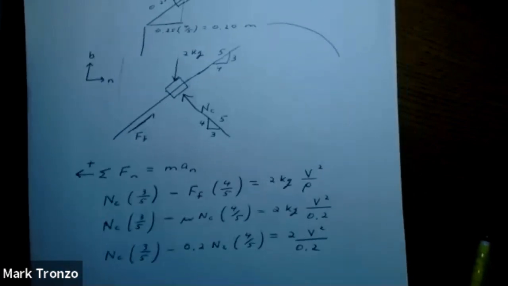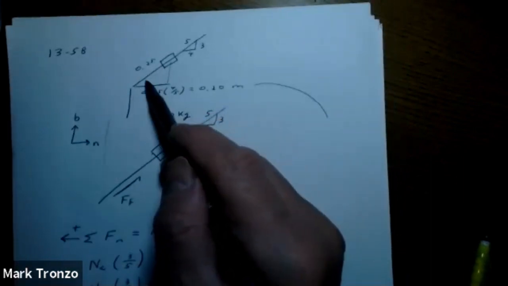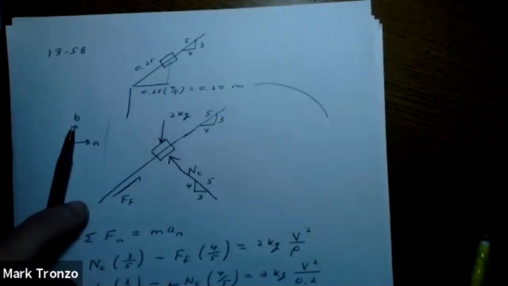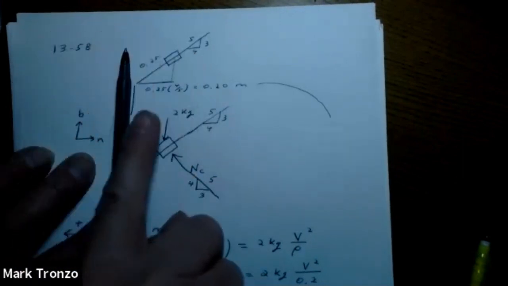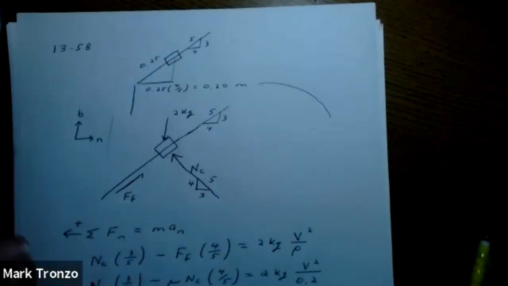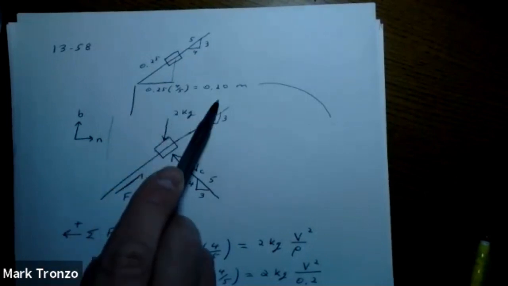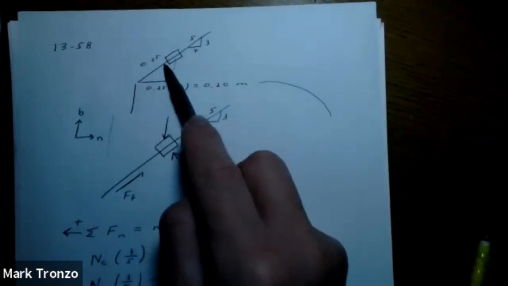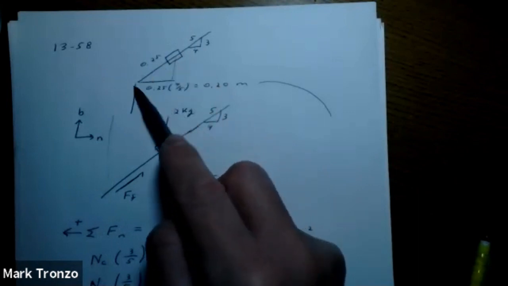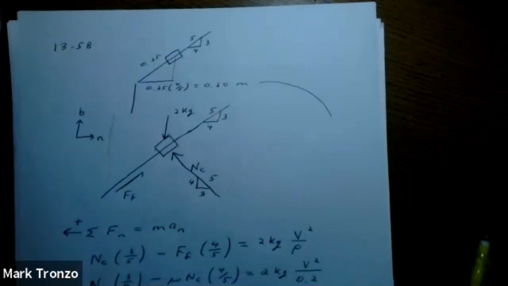The distance up to here is 0.25, but since it's spinning about this center, like a pencil spinning around the center here, its radius from that center is this dimension, 0.2. The 0.25 was just the distance along the rod.